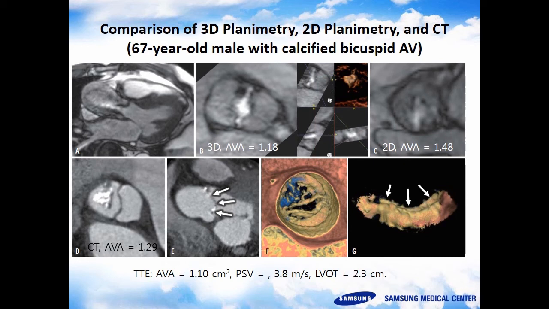The peripheral and central parts of the AV orifice could not be measured in a single plane on CT. Oblique sagittal reformatted image and on-phase and profile navigation images of CT show a curved appearance of the AV orifice plane. The AVA was 1.29 centimeters squared on CT. In this patient, 3D planimetry correlated best with echocardiography for measuring AVA.